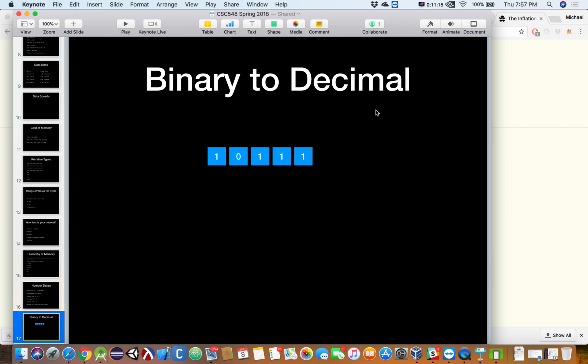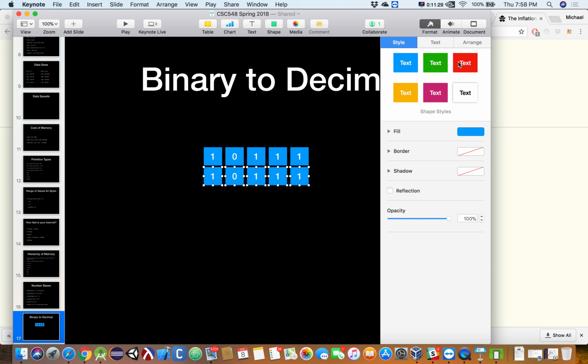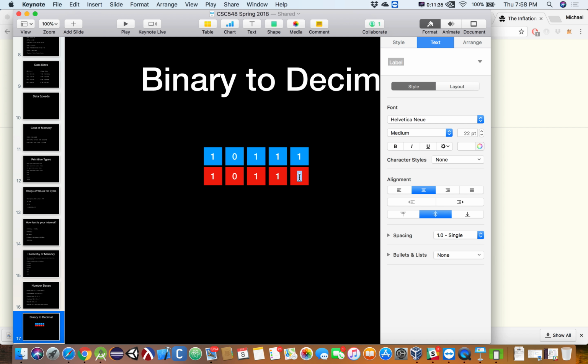So if we're thinking binary to decimal, something like this. We have 10111, our binary number, and we want to convert this to decimal. Here, we're going to make these buttons pretty for Sheikah. We're going to color code them. I usually wouldn't do this, but I want to make sure you think it's aesthetically pleasing.